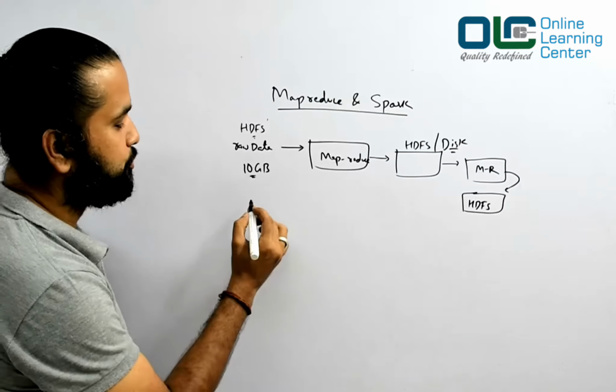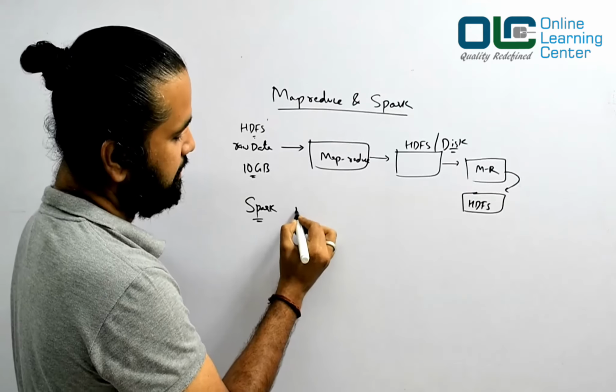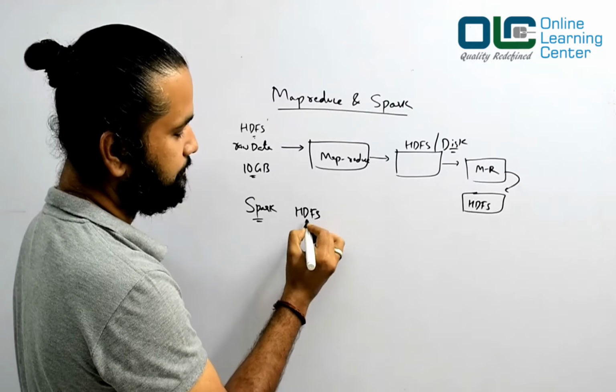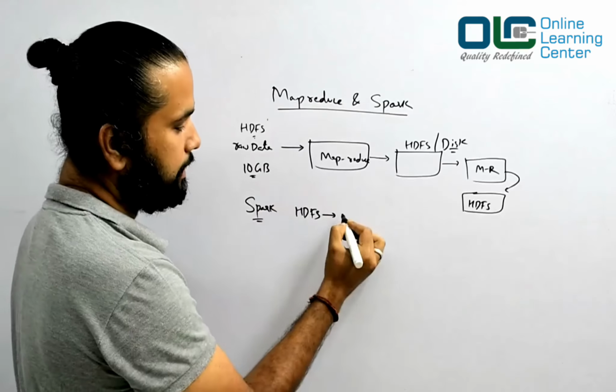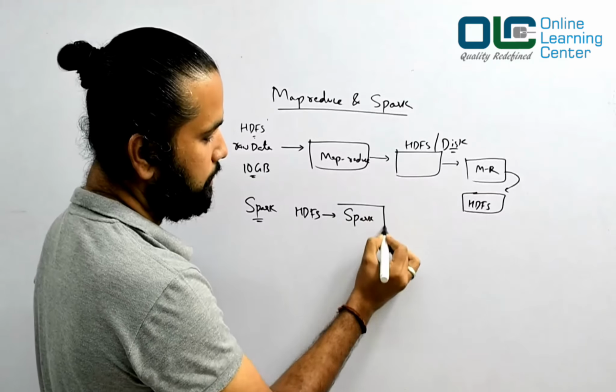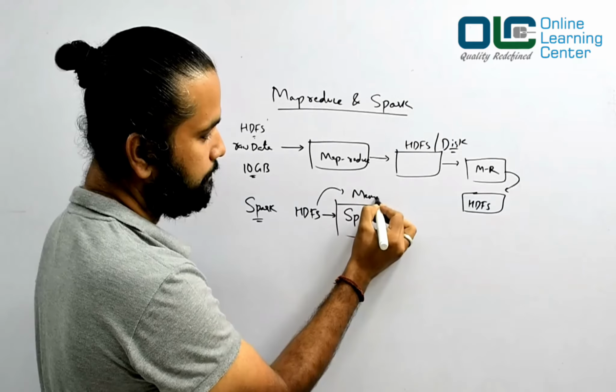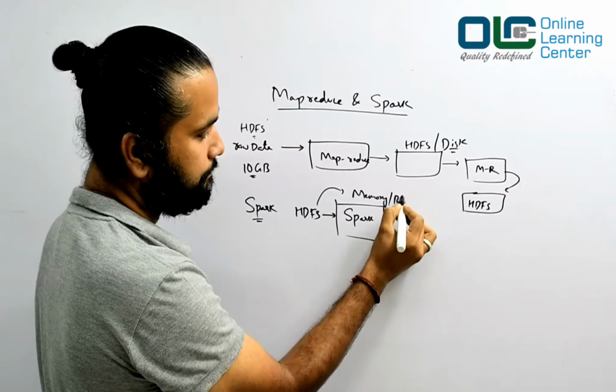Whereas in Spark, the data initially may reside in HDFS, and then when you write your Spark job, this data is loaded into your memory, which means RAM.